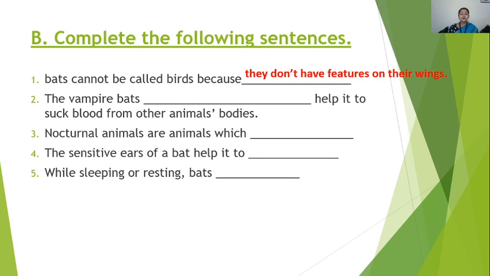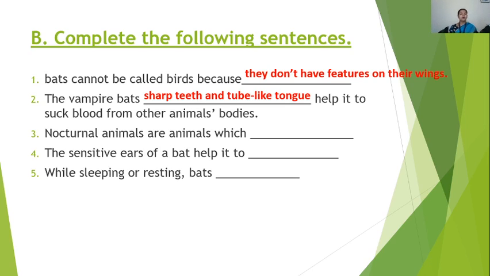Yes, it was sharp teeth and tube-like tongue. Okay, so the answer will be the vampire bat's sharp teeth and tube-like tongue help it to suck blood from other animals' body.